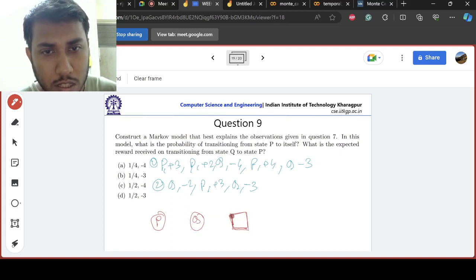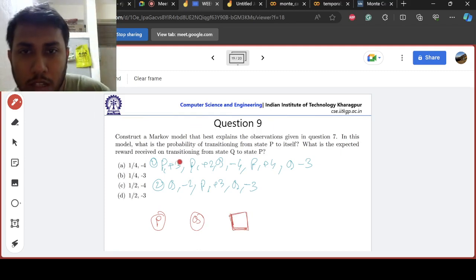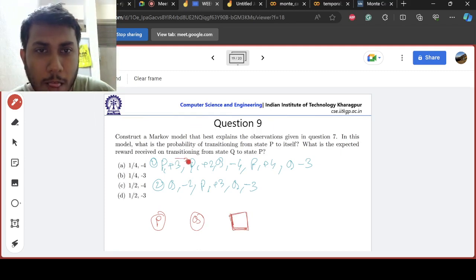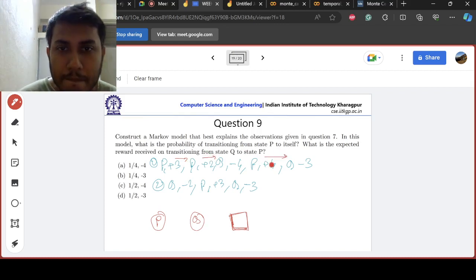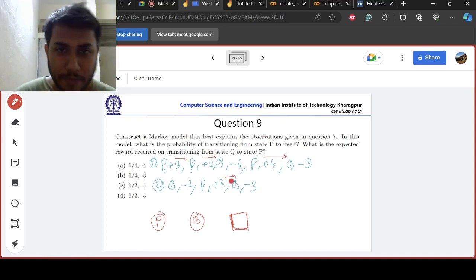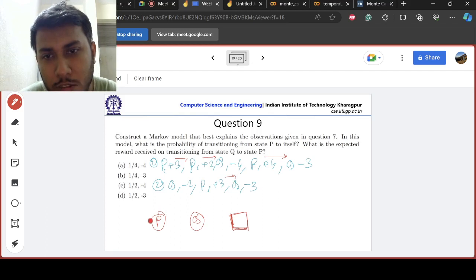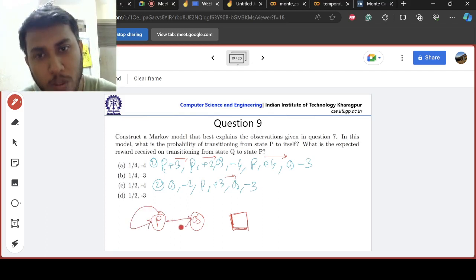So if you look, P is making a transition from P to P. P is making a transition from P to Q, and again from P to Q. Similarly, P is making a transition from P to Q. So these are the two transitions that are possible from this state, P to P and P to Q.